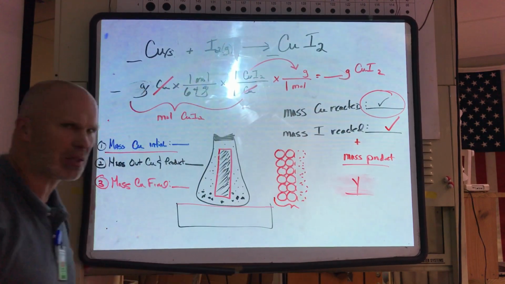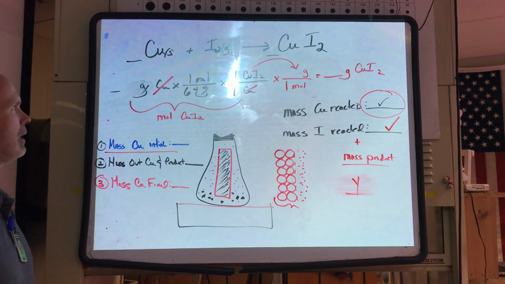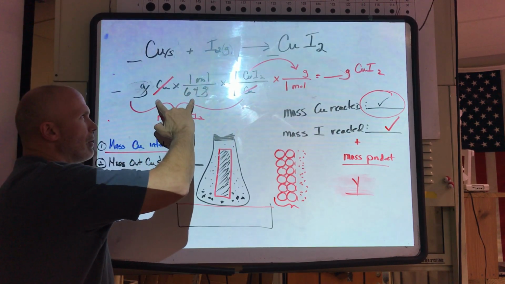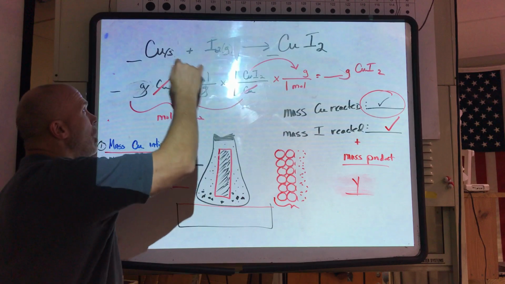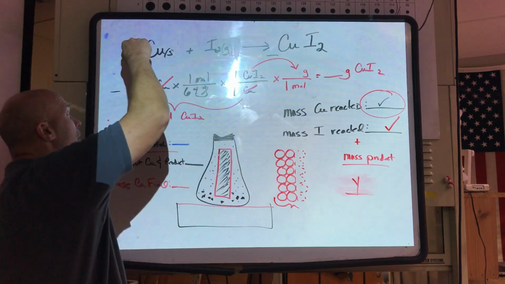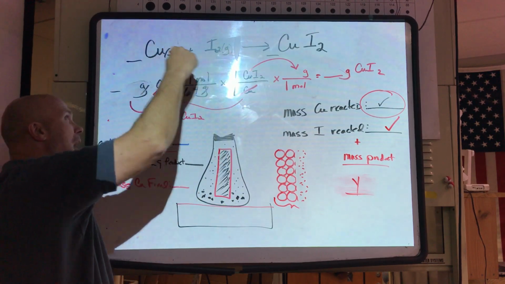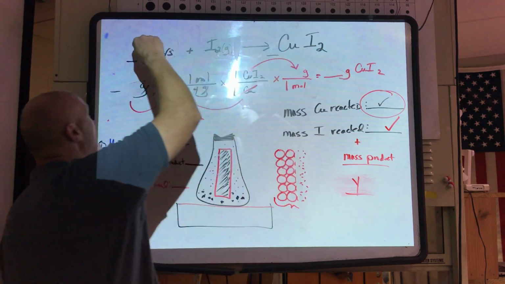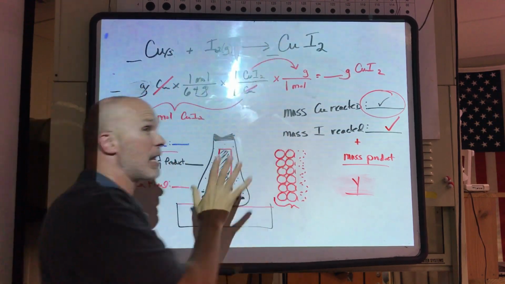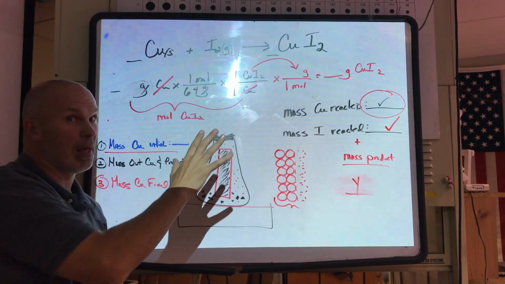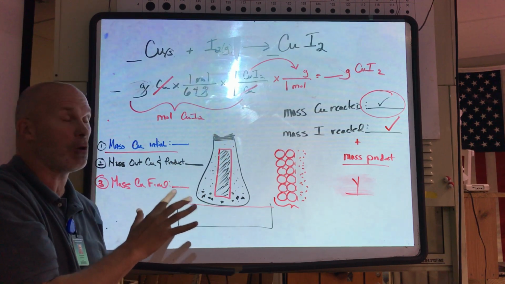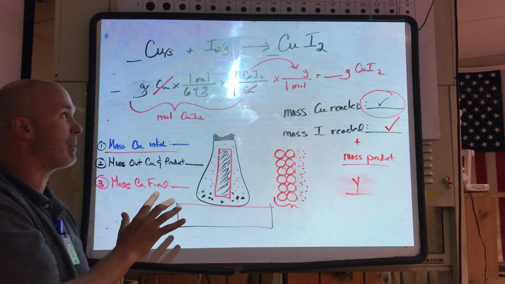And this is a classic stoichiometric formula. I convert to a how many number. I use the ratio 1 to 1. If I know the how many copper atoms, I should know how many of these, because for every one of these, there's one of these in this chemical formula that I'm using. It may not be the same for you, depending upon what you got experimentally.